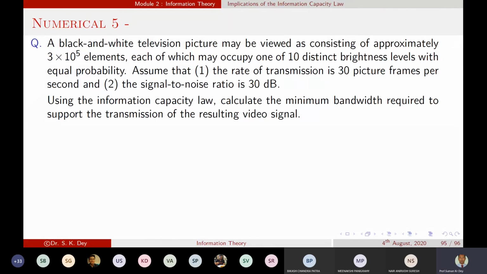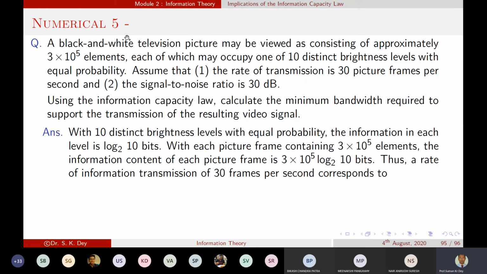Now, how many pictures come in one second? The frame rate is 30. That means 30 will be multiplied with the previous terms. So now this is the expression for the number of bits we are transmitting.